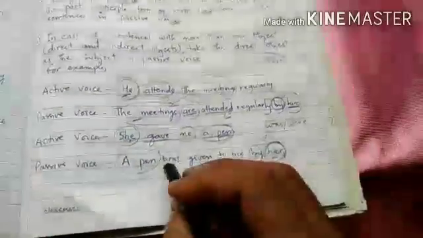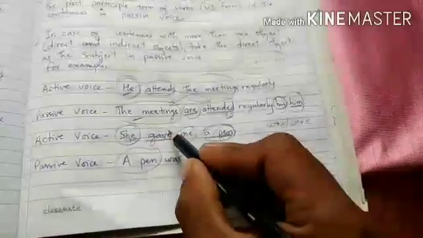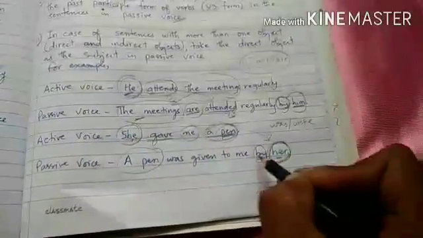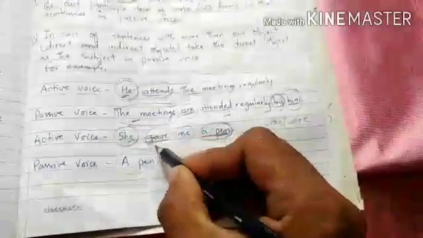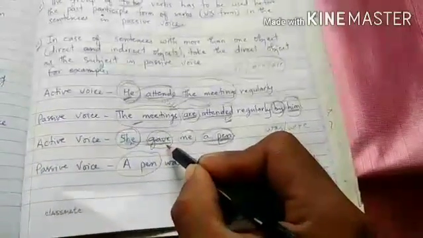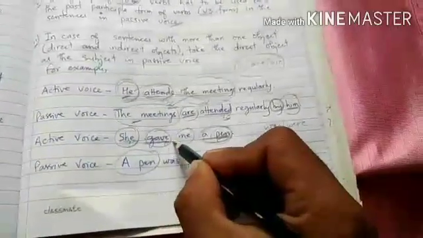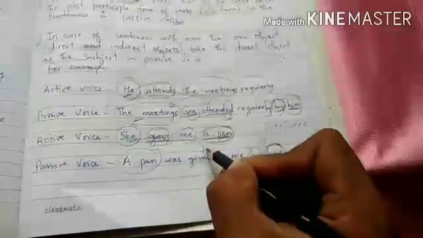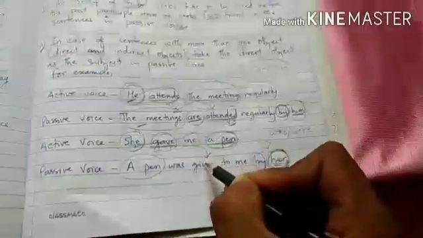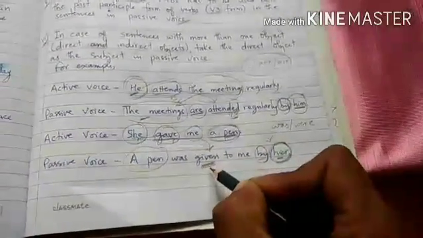Okay, like here, a pen was given to me by her. So now we have to change this main verb into V3 form. Okay, this sentence is in simple past tense, so we have gave, V2 form of the verb. Now we are changing this V2 form into V3 in passive voice. Okay, so V3 of give is given. This is passive voice. This requirement is also fulfilled.